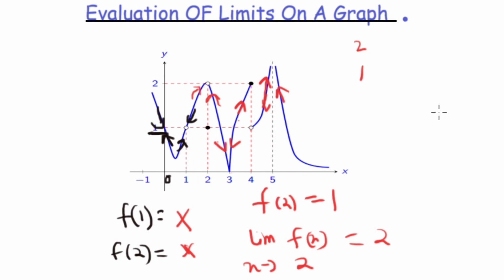Now, at 1 and 2. So this is 1 and this is 2. As we said earlier, the limit exists because the left and right hand limits, the one-sided limits, exist. Therefore, the limit exists.